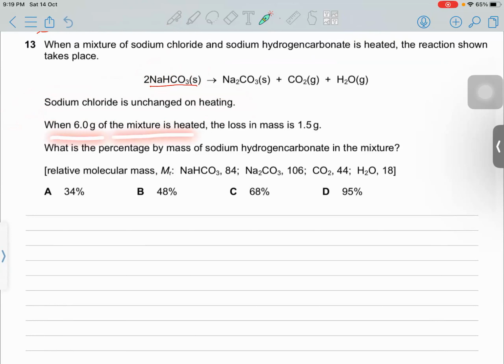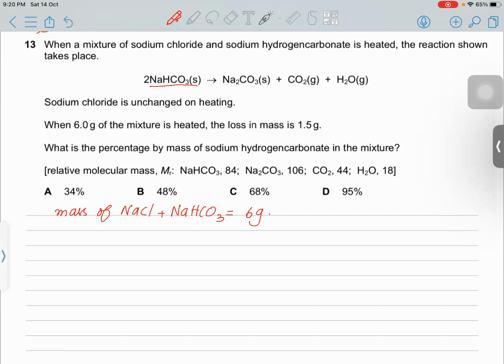When 6 grams of mixture is heated, so mass of NaCl plus NaHCO3 is 6 gram. Then the loss in mass is 1.5 gram.